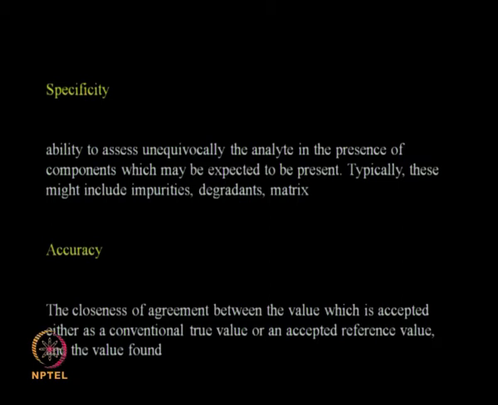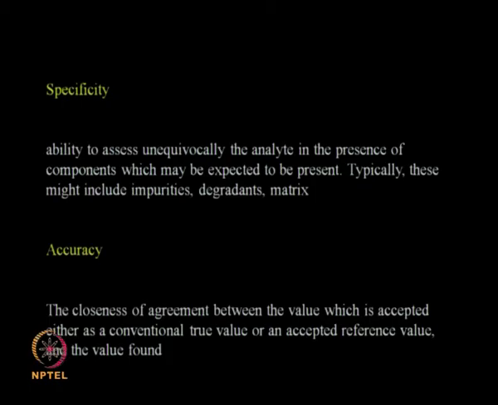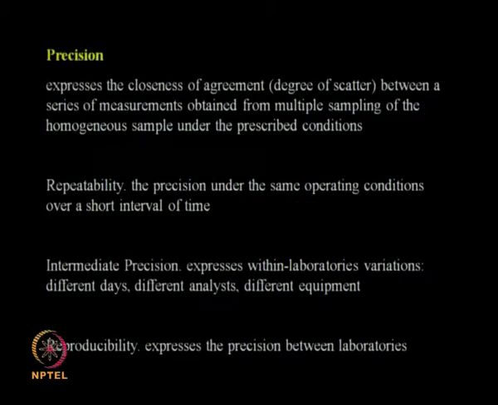When you develop a technique, it should be accurate enough within the tolerance which is allowed. It could be 0.1% differences or 0.01% differences depending upon the type of component you are trying to measure. Above a certain accuracy limit, the method which you have developed might not be good enough for the task for which it is intended.